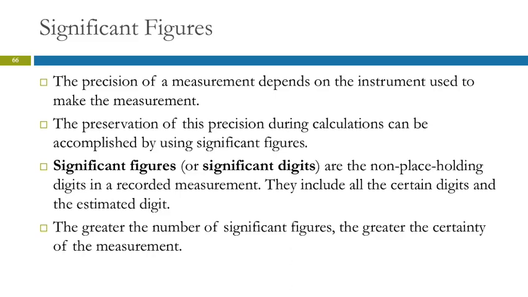What we call significant figures, or sometimes significant digits, are the non-place-holding digits in a recorded measurement. They include all of those certain digits and the first uncertain one. Okay? More sig figs means your measurement is more precise.